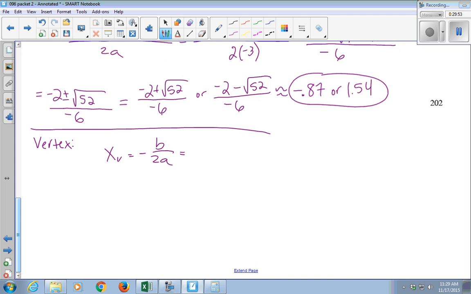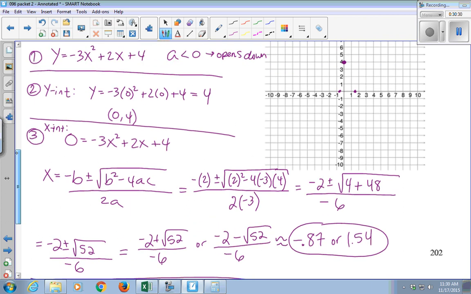So that's going to be -2 over 2 times -3. So that's 1/3. And then the y-coordinate of my vertex, I get by taking my 1/3 and plugging into my original formula.